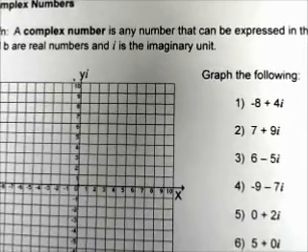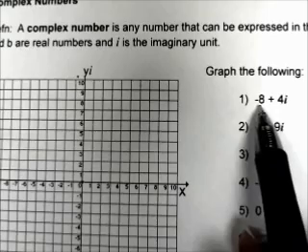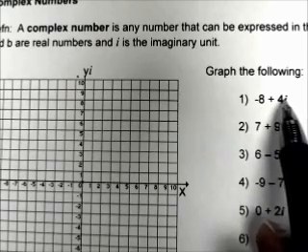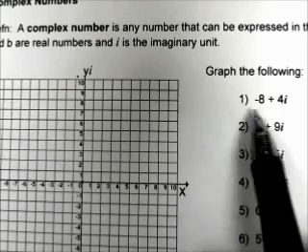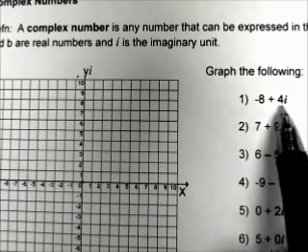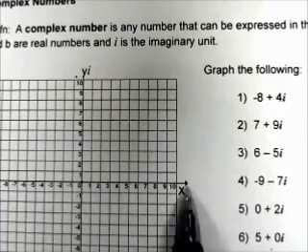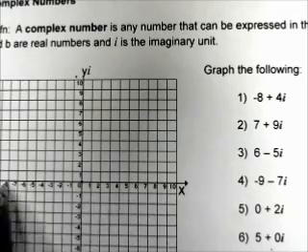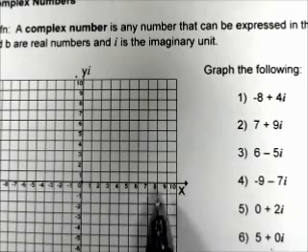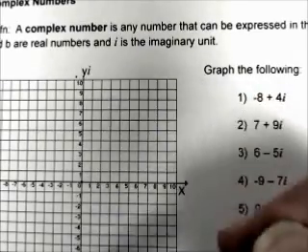We want to graph the following. We want to graph negative 8 plus 4i. So we want to graph the complex number that has a real number part of negative 8 and an imaginary part of 4i. Well, our x-axis remains our real number axis, and our y changes to our imaginary.